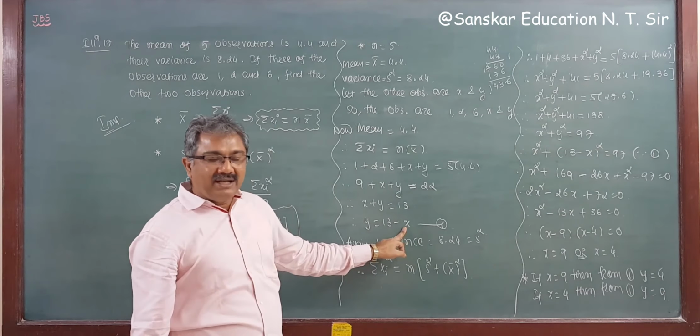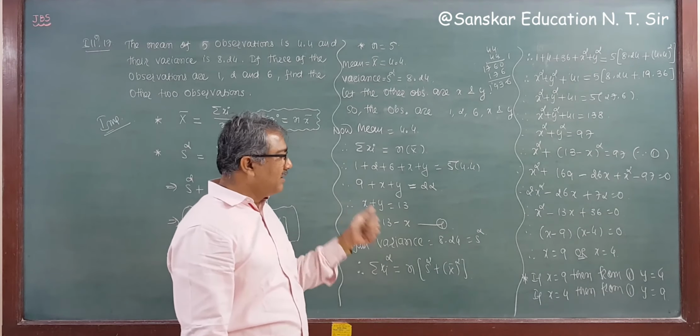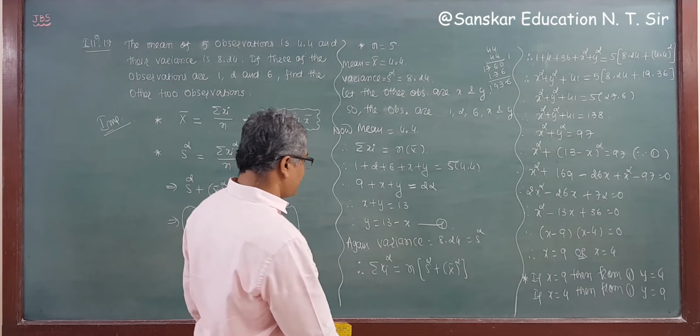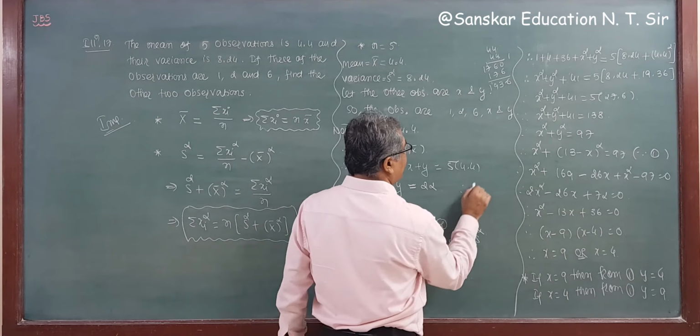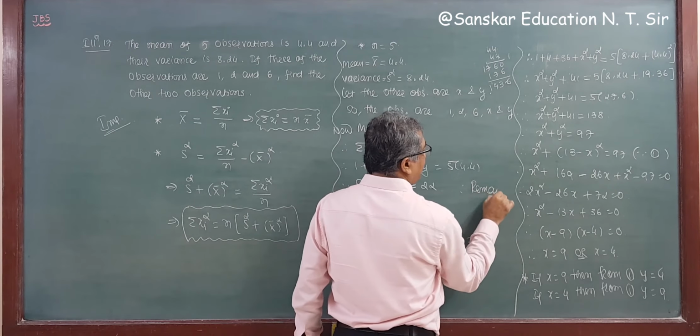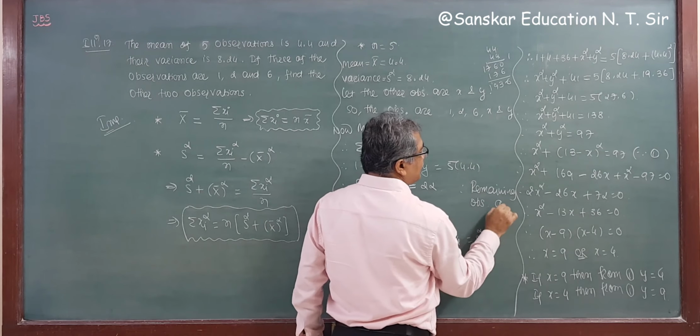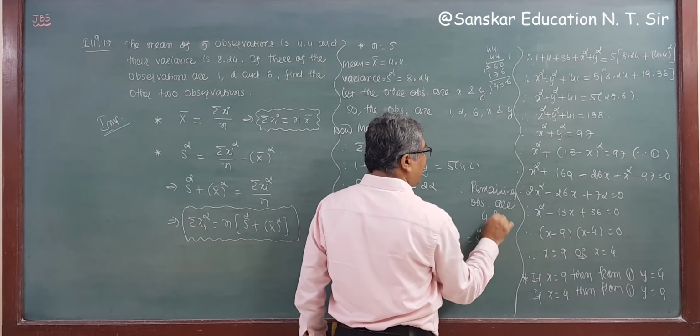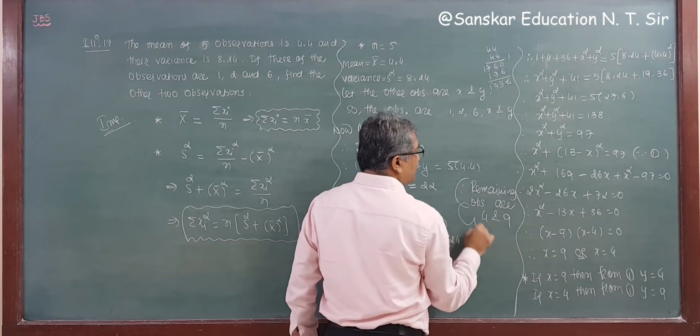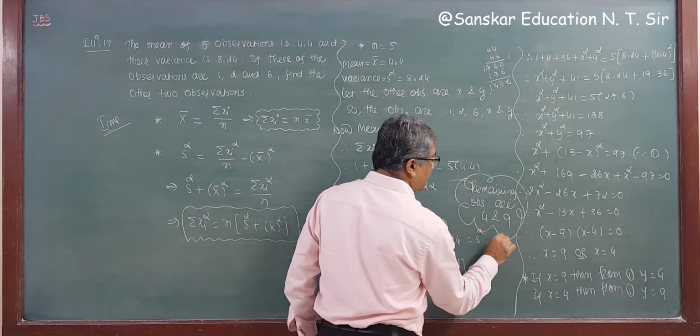So the remaining observations are 4 and 9. Therefore, the remaining observations are 4 and 9. So this is your answer.